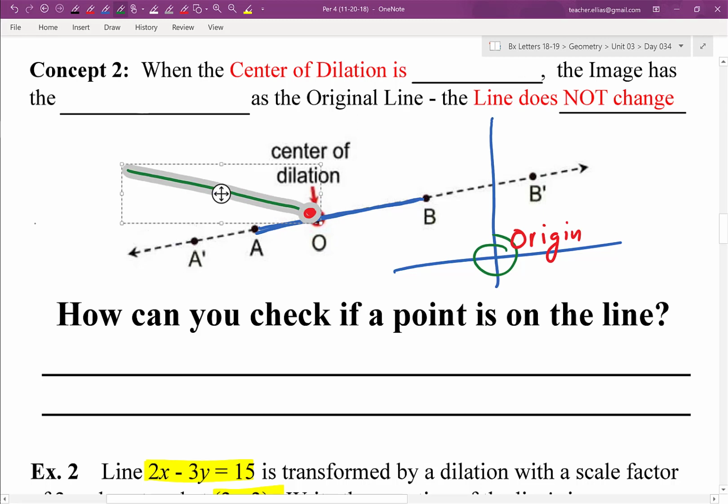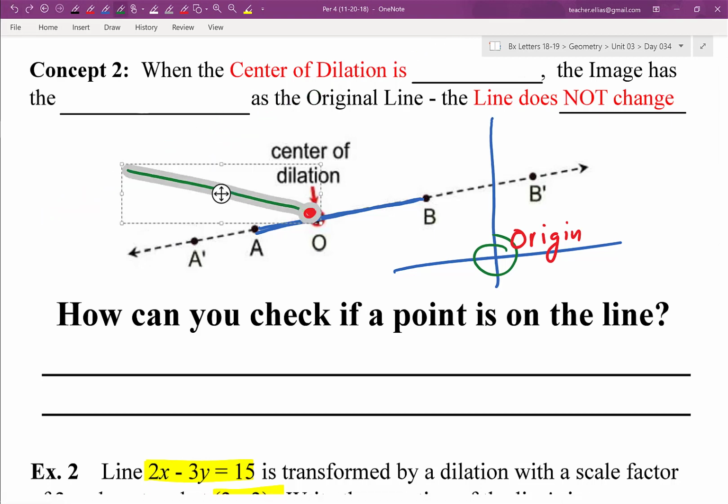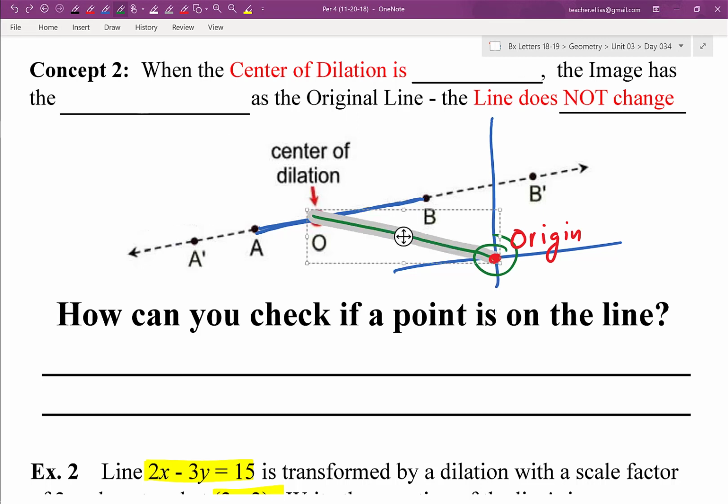Your new line would be parallel and over there. But because the center of dilation is on the line, how far away is your line? It's 0. So how far does it have to go? Nothing. It stays the same.